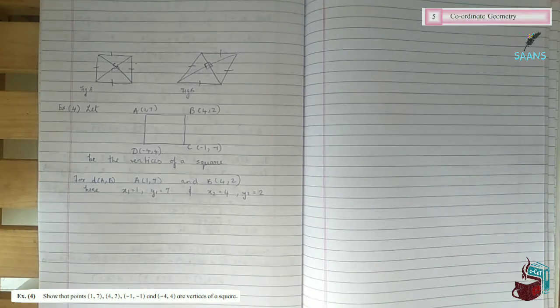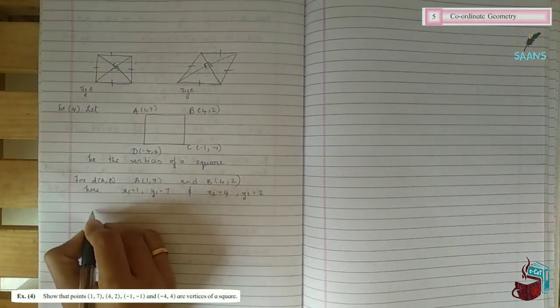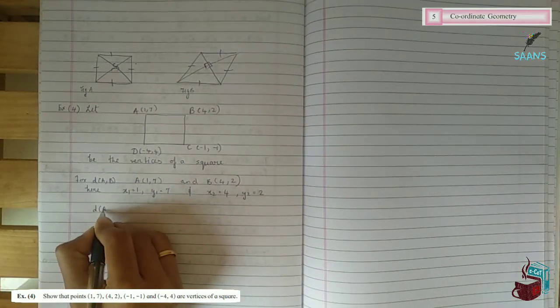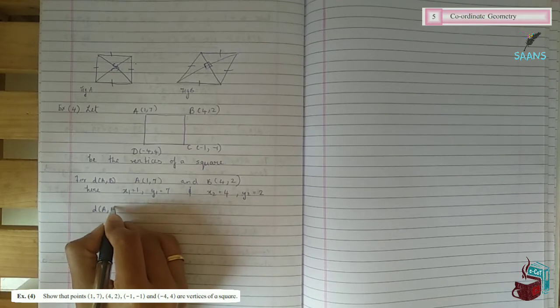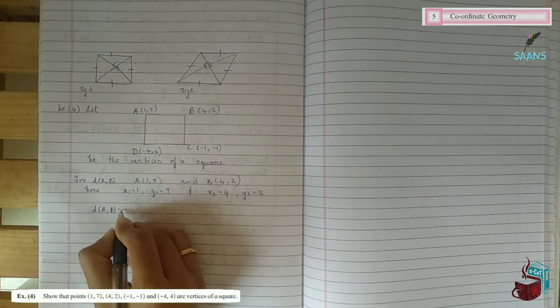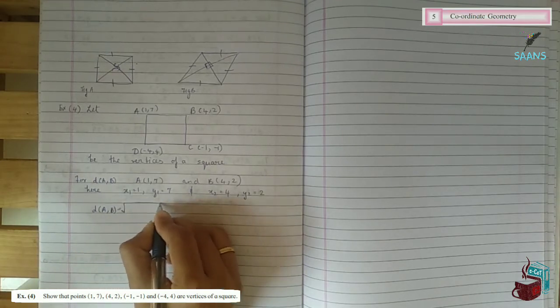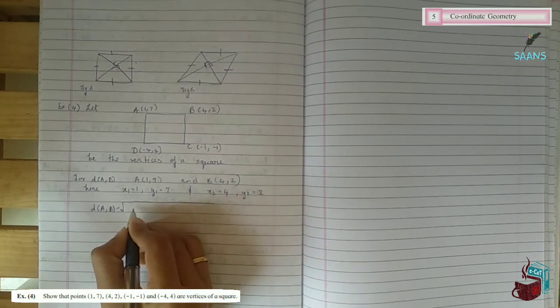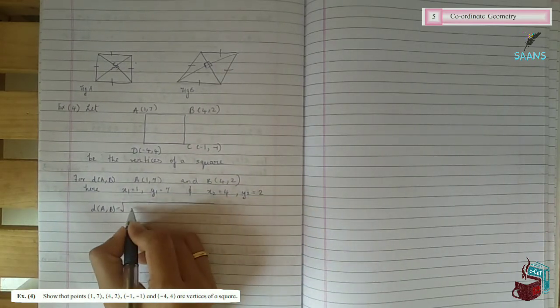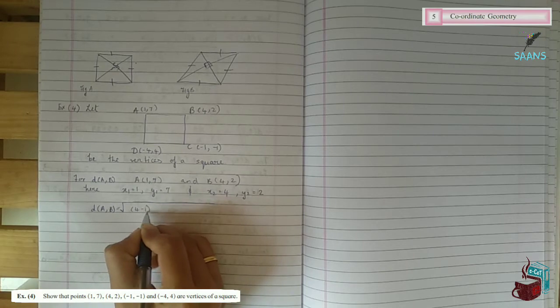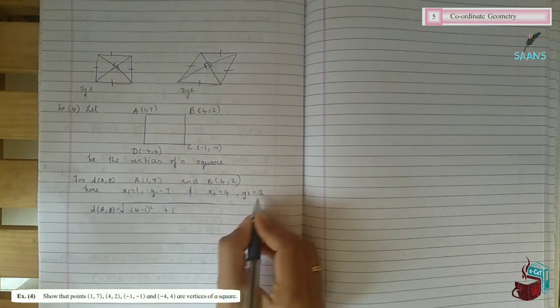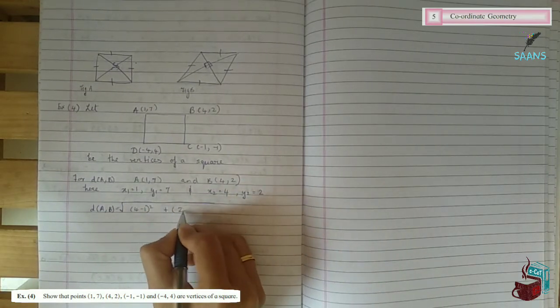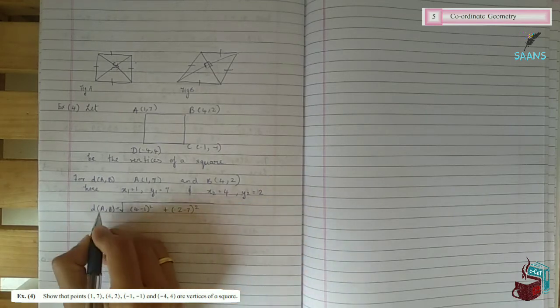I hope you can see it clearly. So distance AB, by distance formula, I'm directly going to apply it. Under root of (x2 minus x1) the whole square, that is (4 minus 1) the whole square, plus (y2 minus y1), (2 minus 7) the whole square.